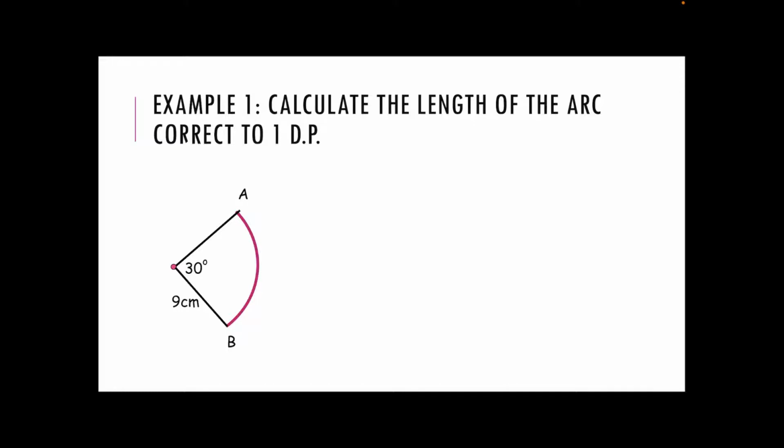Example number 1 then, we need to calculate the length of our arc correct to 1 decimal place. So I'm going to shorten arc length to AL for today's lesson, and our formula was pi d times by x over 360. So let's think about this. If we look at the sector there, really if I extended my circle round, it would look something better than that hopefully.